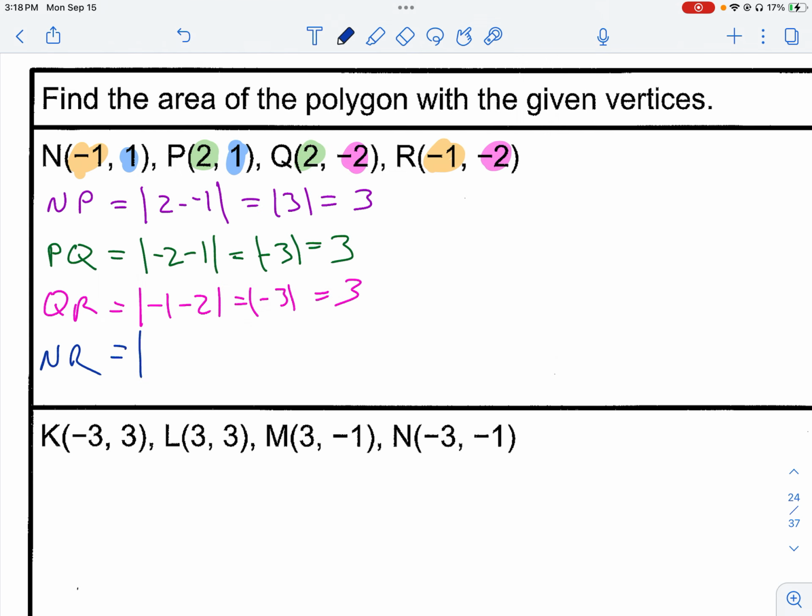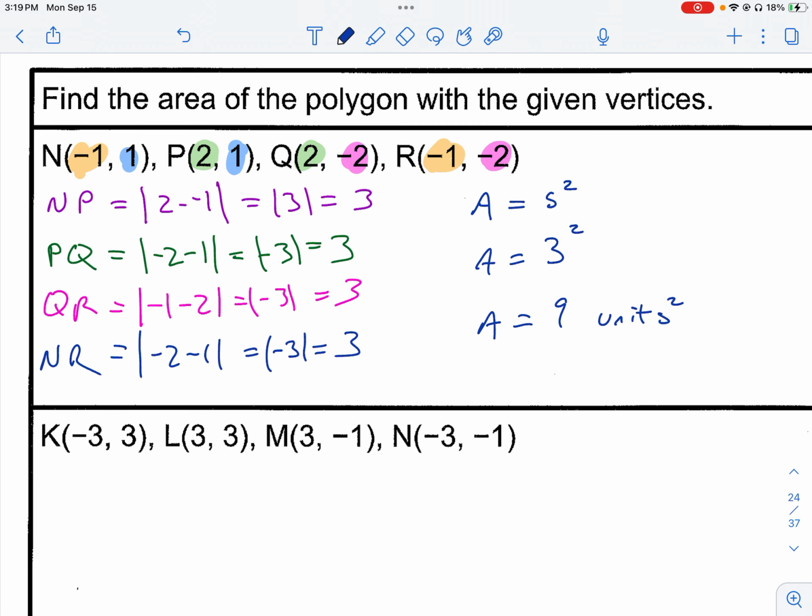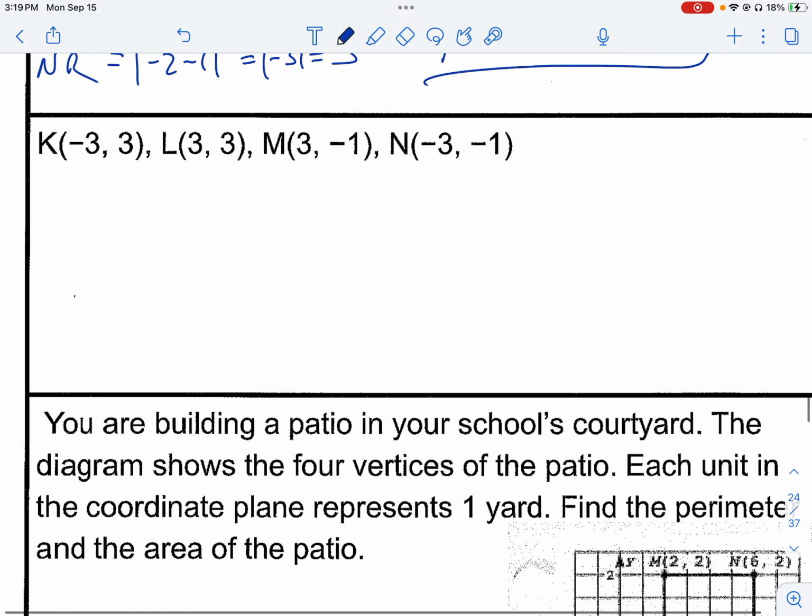Let's go ahead and do this one. But we can see we've got a square here. And the area of a square equals the side squared. So the area equals 9 square units.